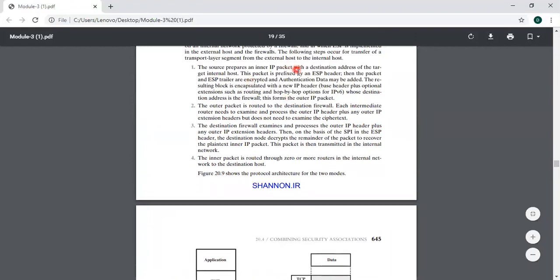The source prepares an inner IP packet with the destination address of the target internal host. The outer packet is routed to the destination firewall. Each intermediate router needs to examine and process the outer IP packet header plus any outer IP extension header, but does not need to examine the ciphertext.